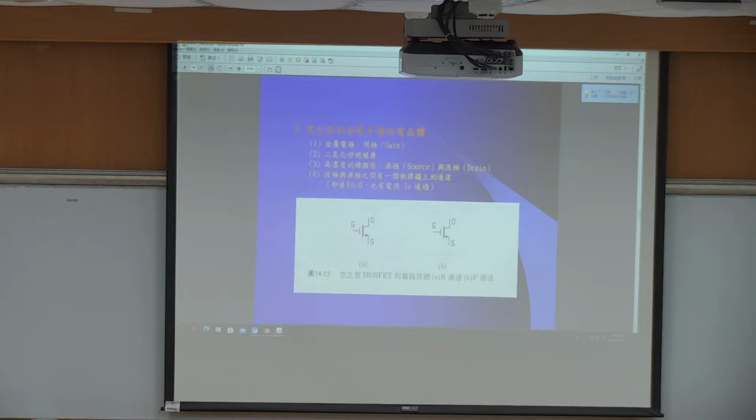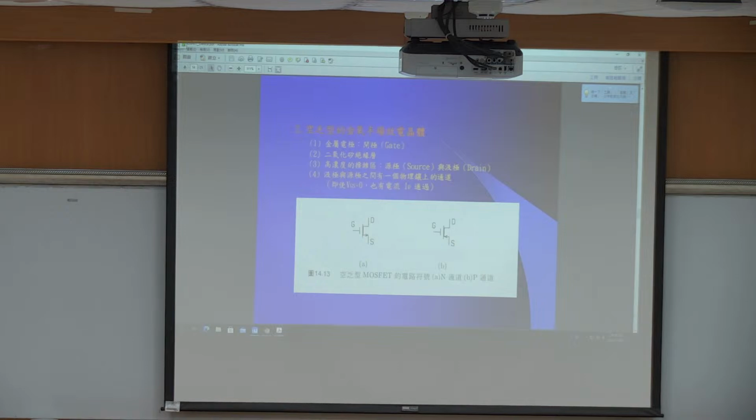We can see that it has a similar structure to the enhancement type device. It has a gate electrode, which means the gate, and it also has the oxide layer and the source and drain regions.